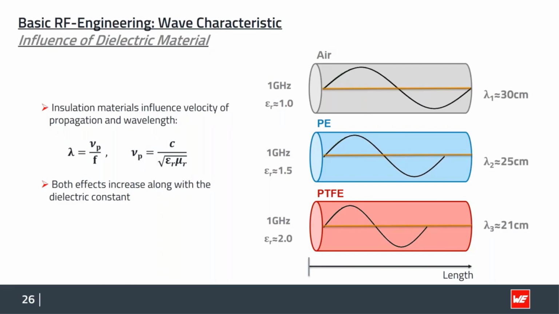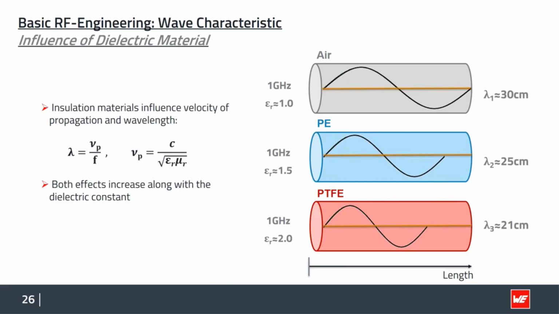So the example air, like we said, 1 gigahertz has 30 centimeters. But if I do the same 1 gigahertz through a PE material with an epsilon R of 1.5, I have only a wavelength of 25 centimeters. And if I go to PTFE with epsilon R of 2, I have only 21 centimeters.